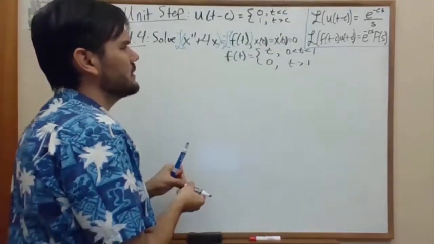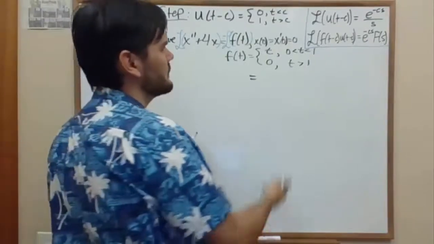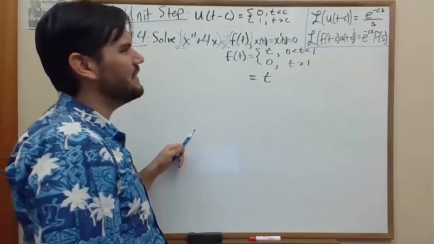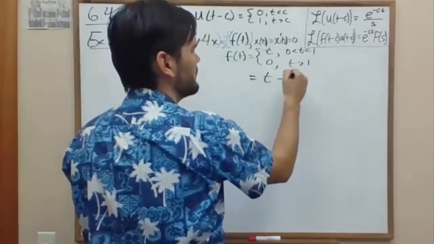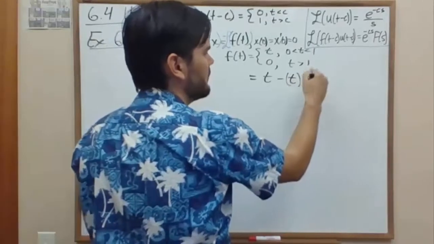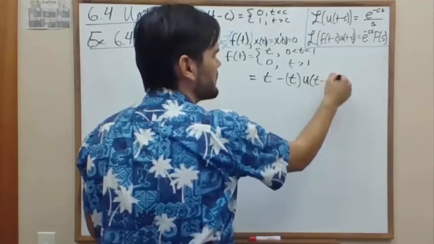First off, we should define our piecewise function in terms of unit steps. So we have a function t that is on, and then we turn it off at time equals 1. So this is the function that is being turned off, and that activation happens at t minus 1.